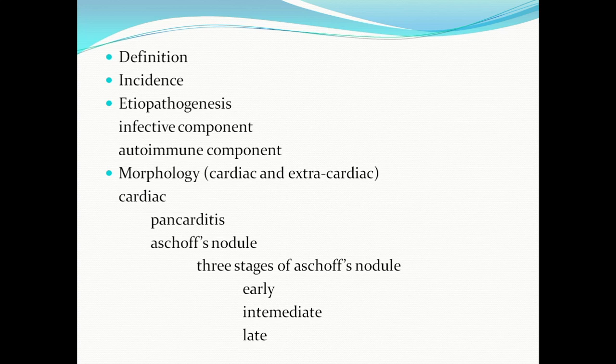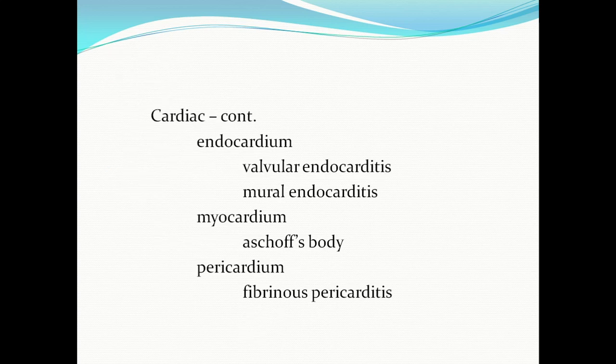The third is the late healing stage, in which the lesions are smaller in size, there is amphophilic nature of the Anitschkow cells, and there is fibrocollagenous scar tissue formation. In cardiac tissue, you can see cardiac lesions.